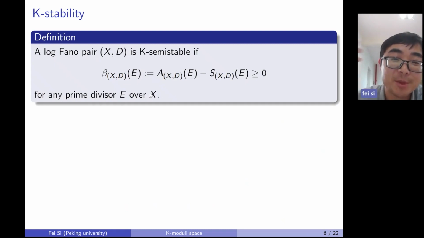But in practice, especially in some examples, this criterion is much more effective to detect K-stability than test configurations. So we just use this definition.